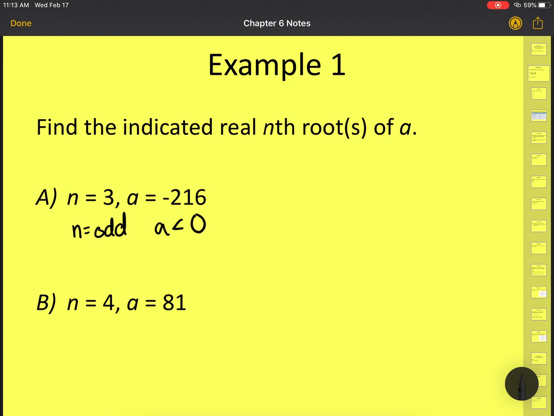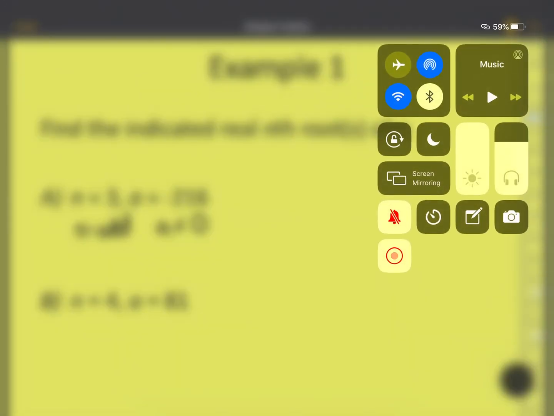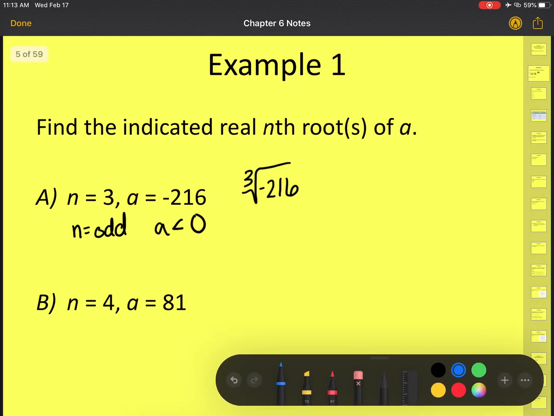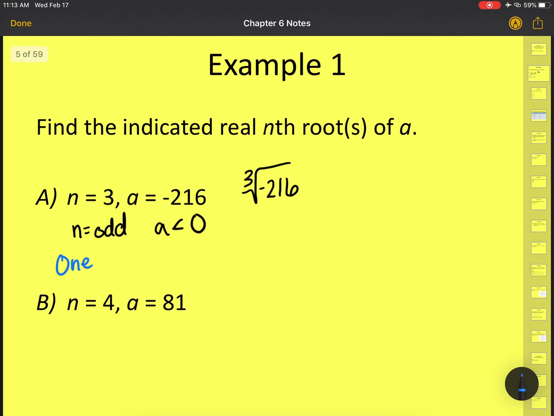Since my index is odd and my a is less than 0, according to what we just talked about, we're only going to have one real nth root.